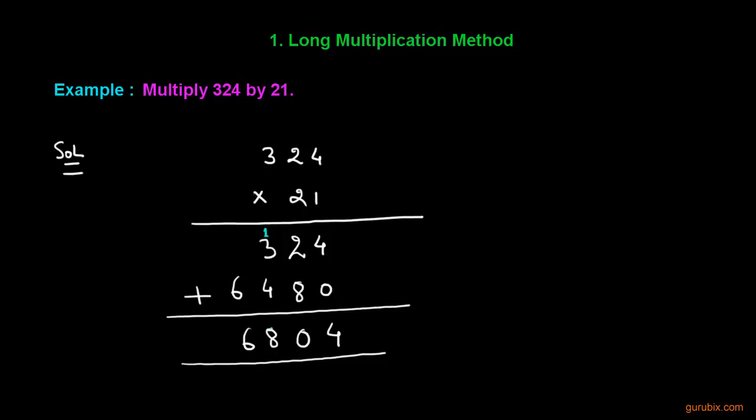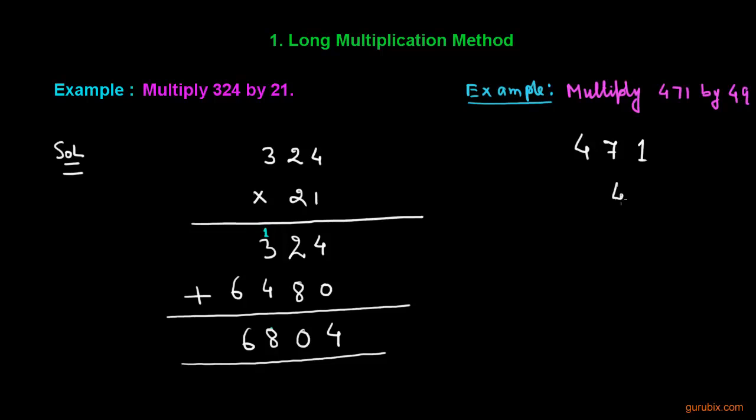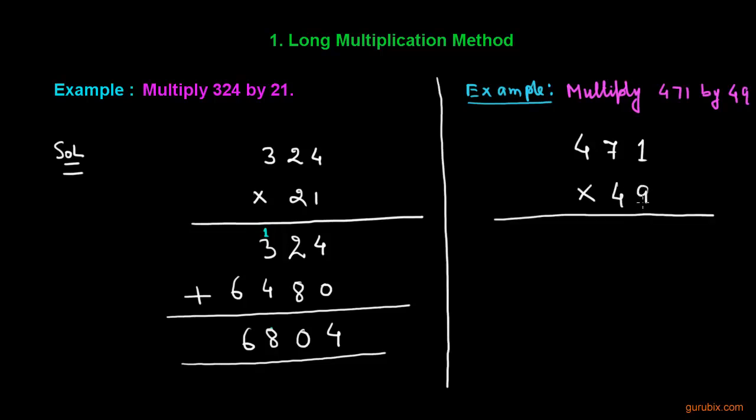Let us take another example, and the example is multiply 471 by 49. So first of all, we shall write 471 here and 49 here. Now we shall multiply 471 by this 9.